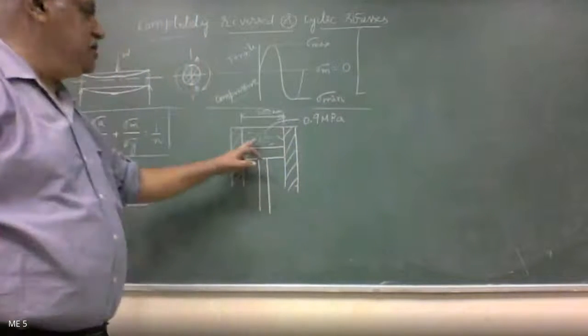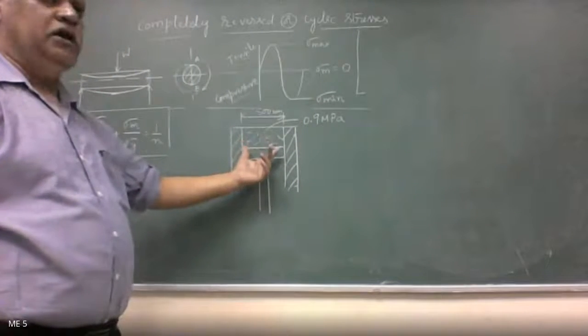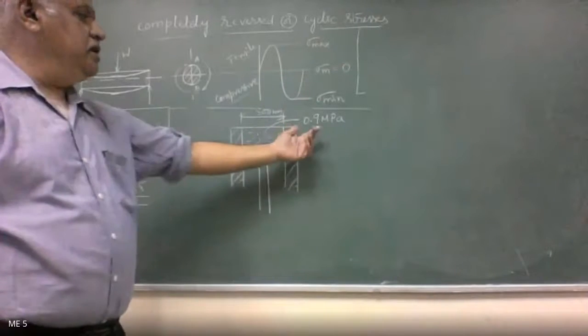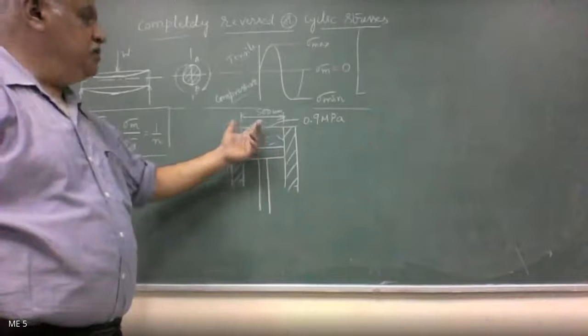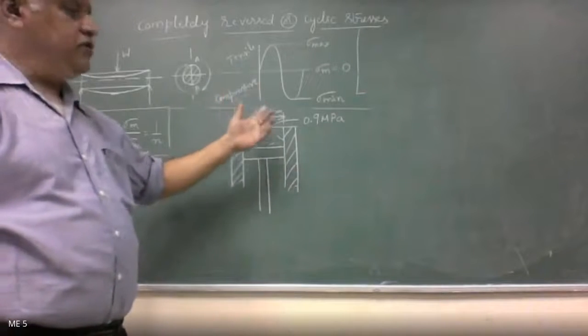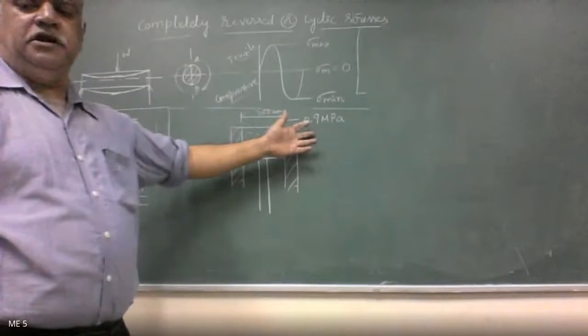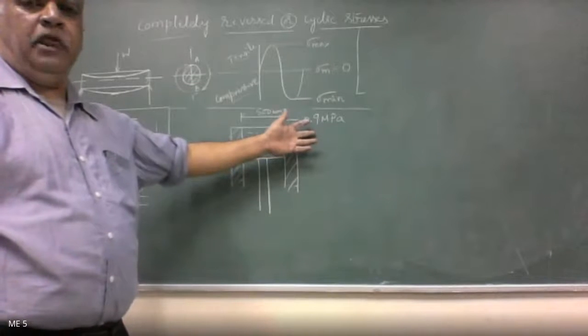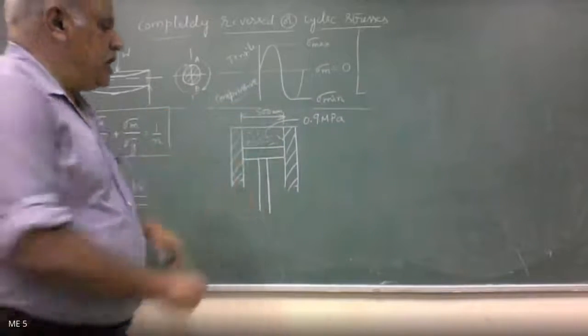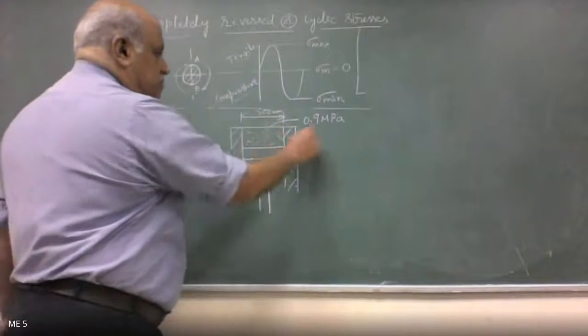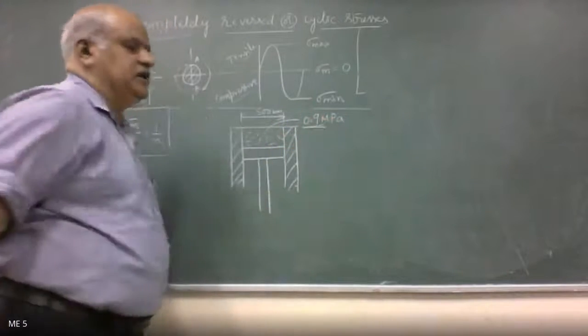So there is a pressure, there is 500 mm diameter over which the 0.9 megapascal is acting. So what can you find out from these two parameters? You have a diameter over which a pressure of 0.9 megapascal is acting.